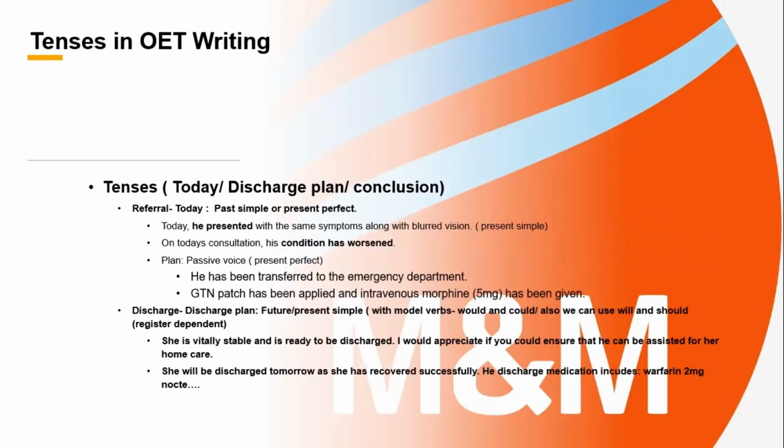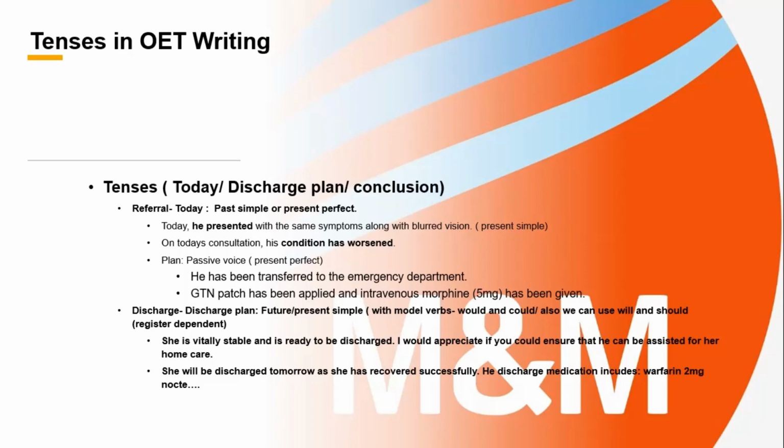So now tenses, when we are writing a letter of referral or a discharge. So in case of referral, for today's visit, we have to write it down mostly either in the past simple, maybe present simple, or we can also write it down in the present perfect, right?